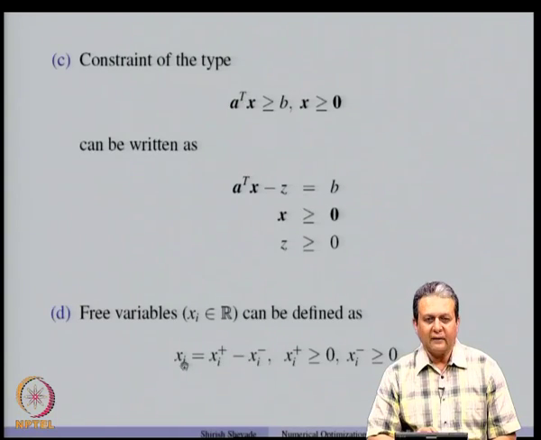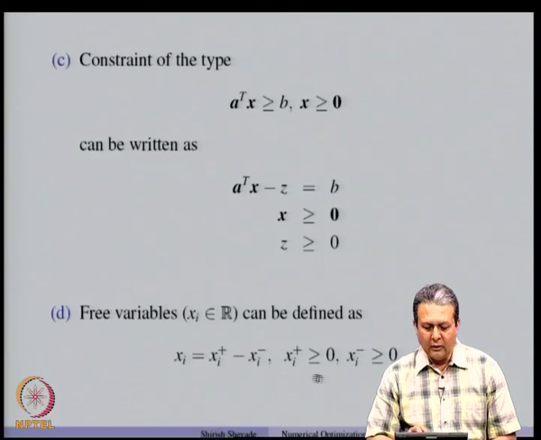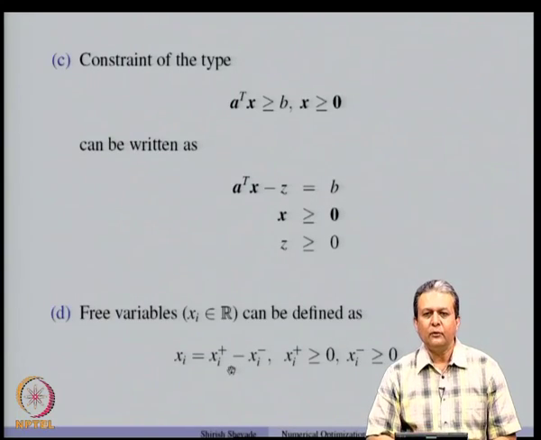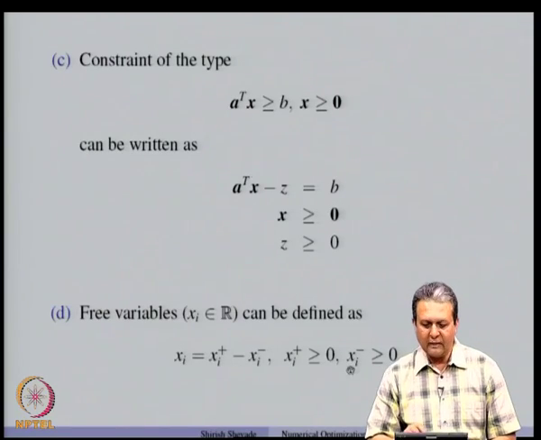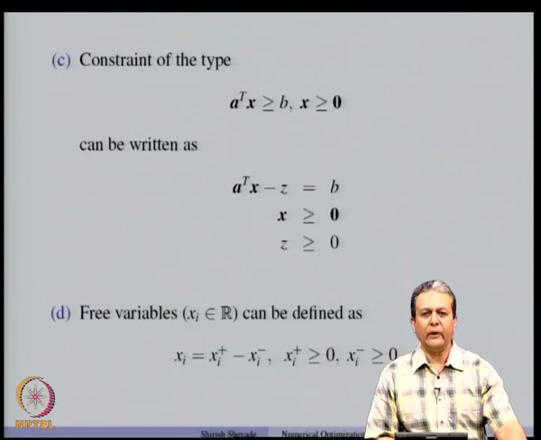For example, xi can be written as the difference of xi plus and xi minus, where xi plus is non-negative and xi minus is also non-negative. So, any free variable can be written as a difference of two non-negative variables, and this is what is shown here. Let us take an example to illustrate this before moving further.